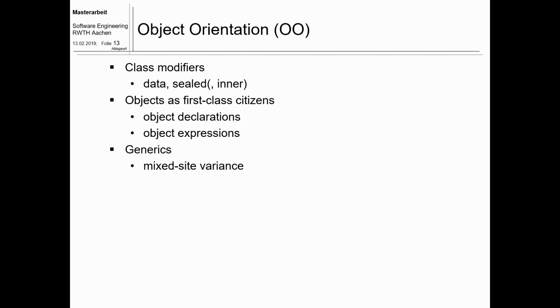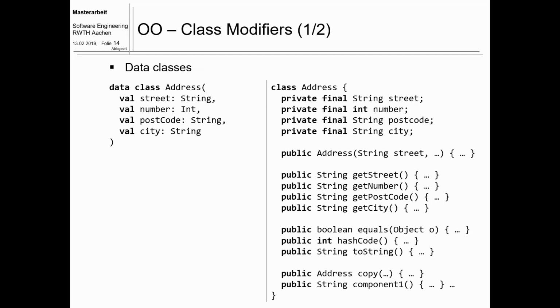So let's start off with classes. The first feature I want to mention here is just a convenience feature in Kotlin where you can use a data modifier in front of a class, and that's just going to give you getters, setters, hashCode, equals, toString for free.